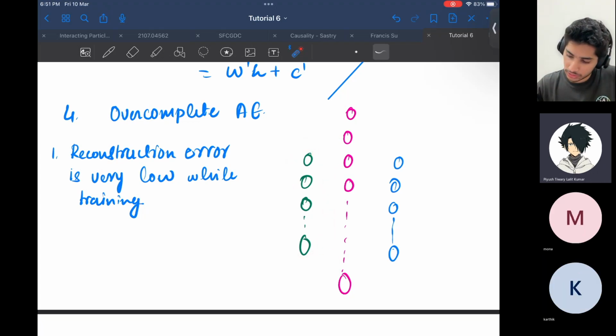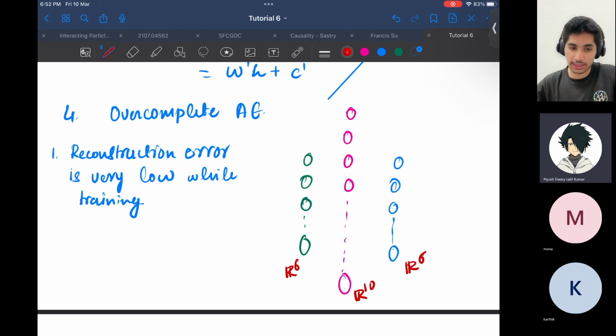Let us imagine that this is R6, this is R10, and this is again R6. So 6 neurons as inputs, 10 intermediate neurons, and again 6 neurons as outputs, the reconstructed data.